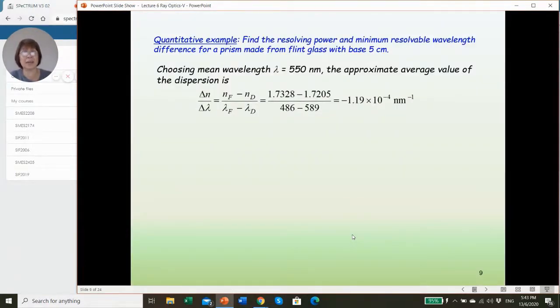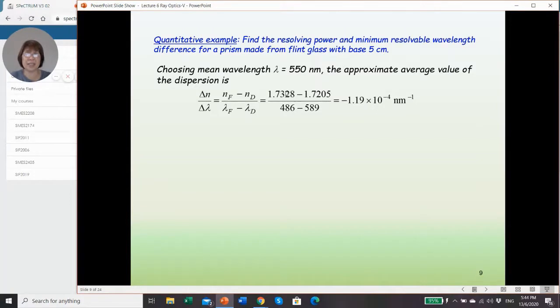Here is a quantitative example. We are to find the resolving power and the minimum resolvable wavelength difference for a prism made from flint glass with a base of 5 cm. Choosing the mean wavelength of 550 nanometers in the visible range, the approximate value of dispersion would be given by delta n divided by delta lambda, and that would be nF minus nD divided by lambda F minus lambda D, where these are the Fraunhofer lines.